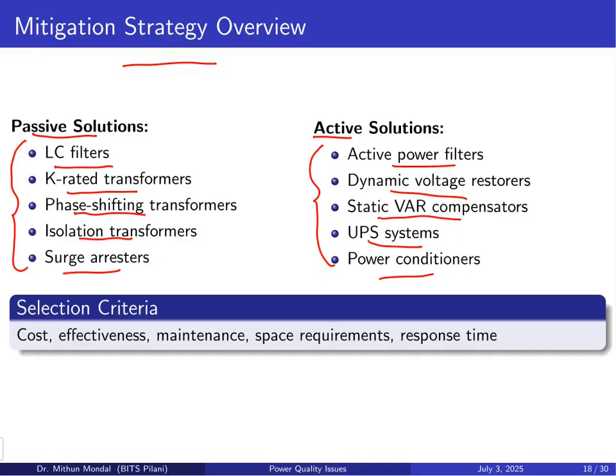So different mitigation techniques are there, whether active or passive, and the selection criteria depend upon the cost, effectiveness, maintenance, space requirement and the response time. So we can choose these solutions depending upon our criteria, given in terms of different parameters, whether it is cost, effectiveness, and so on.